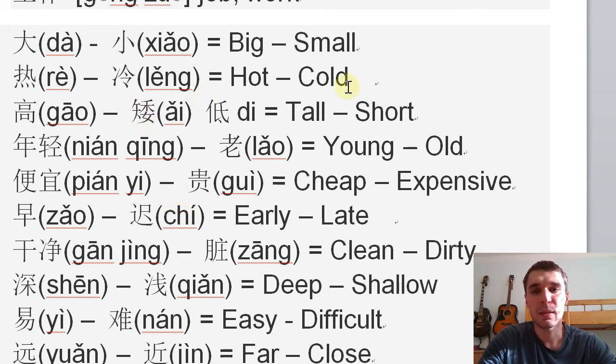Okay, big and small, 大小. Hot, cold, 热冷. Tall, short, 高矮.